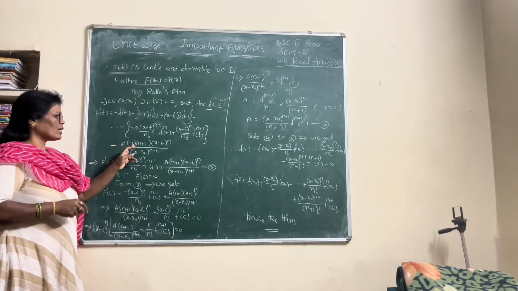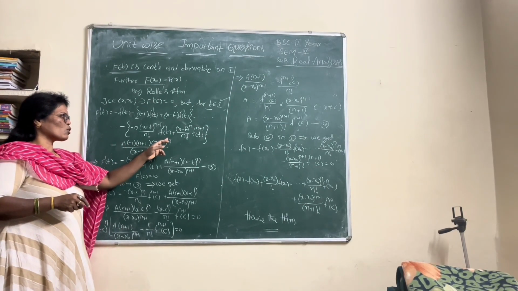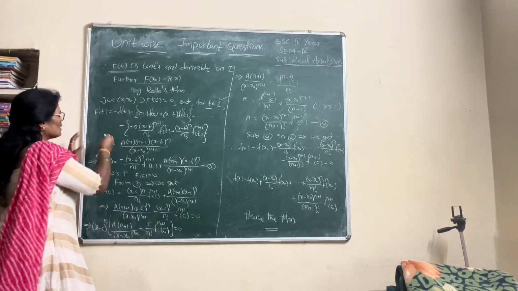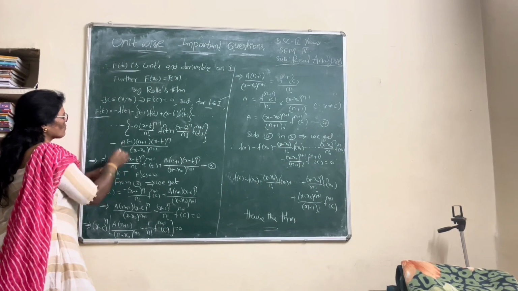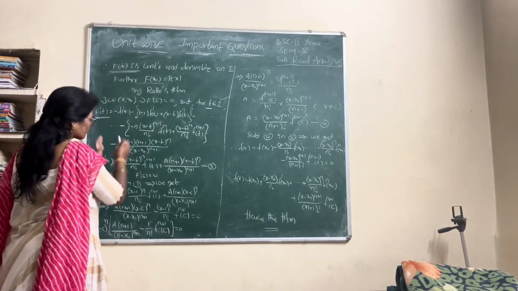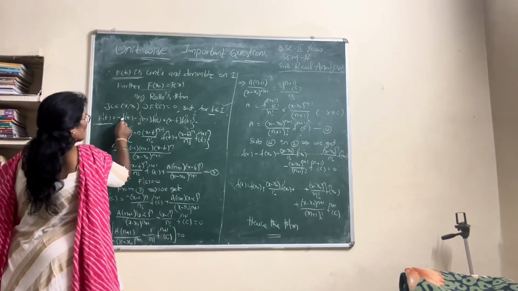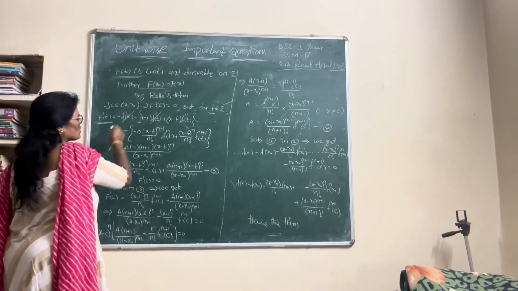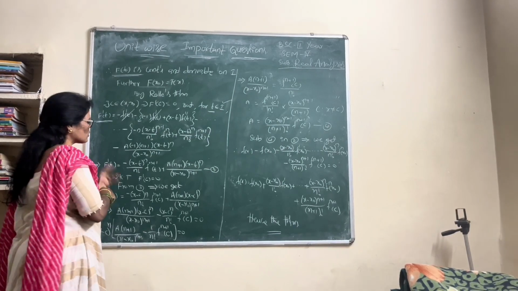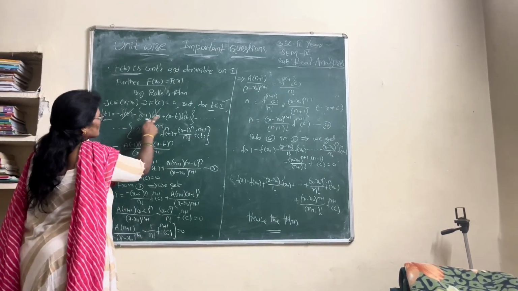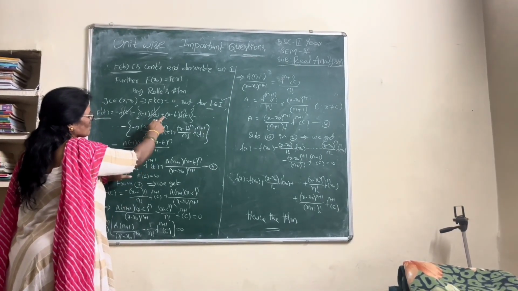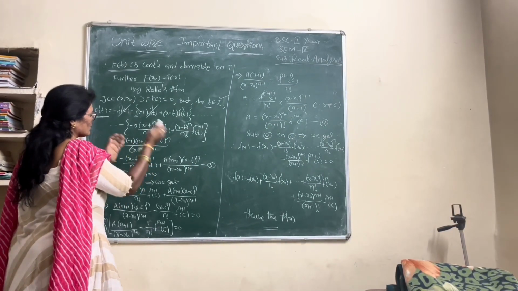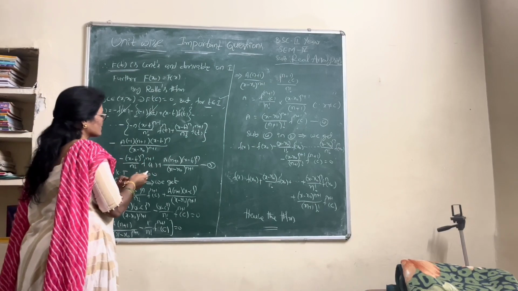And minus a into minus 1, n into n plus 1, (x minus t) whole power n by (x minus x naught) whole power n plus 1. Here f dash of t is equal to minus f dash of t, so you should simplify this. Minus f dash of t and plus f dash of t, so f dash of t plus f dash of t minus f dash of t should get cancelled. And minus into minus is plus; minus (x minus t) whole power n by n factorial f power n plus 1 of t, and the remaining terms should also get cancelled.